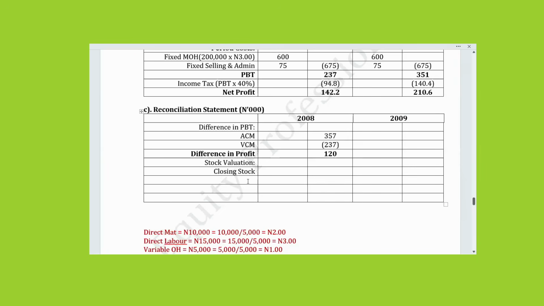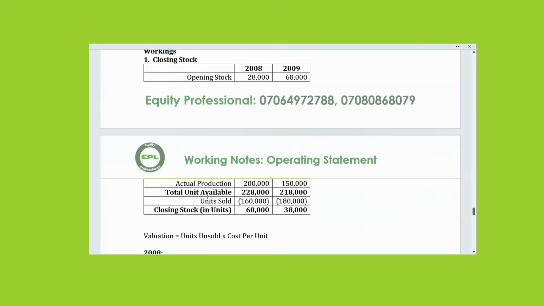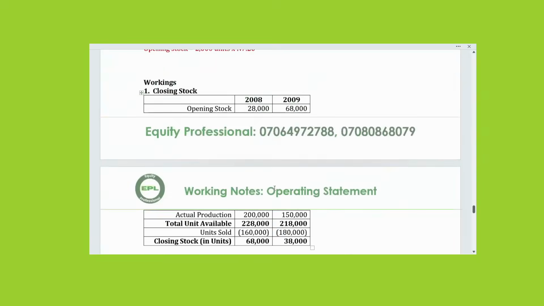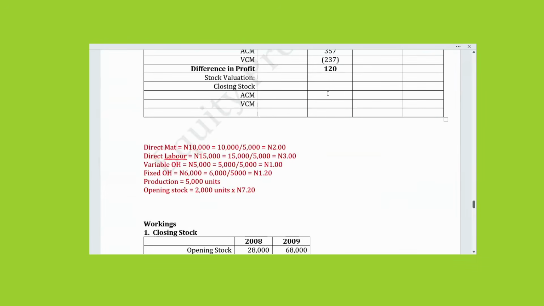So I will then go to the question for ACM and then VCM. What's the value of closing stock? We've calculated it before. In 2008, closing stock was 296.4.